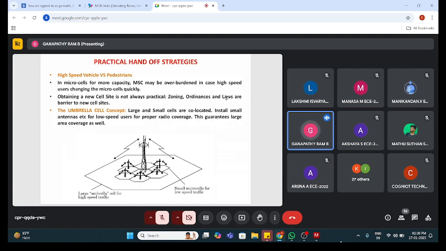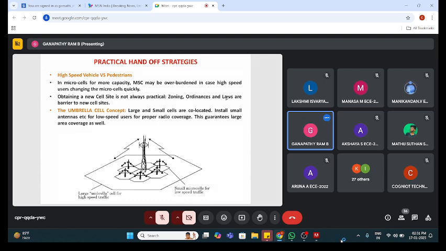And here, let us discuss a small concept called the umbrella cell concept, in which there is a cell for these two user groups, where handoffs commonly occur, between the pedestrians and the high-speed mobile equipment.